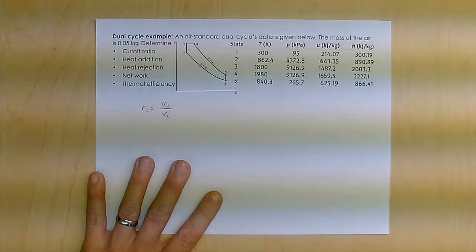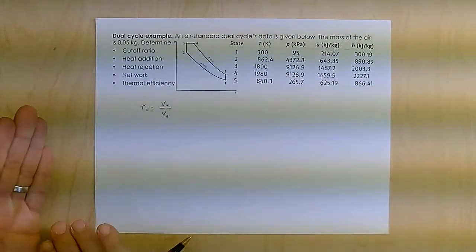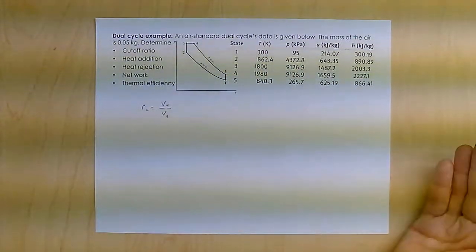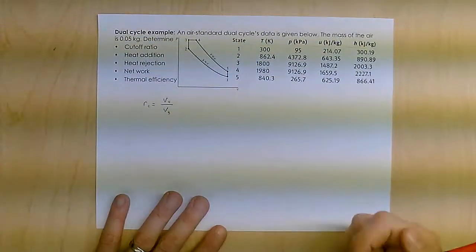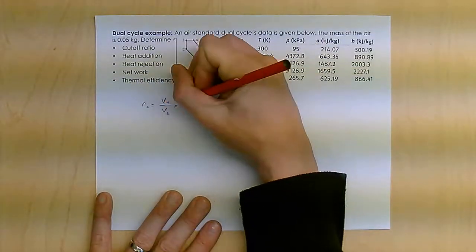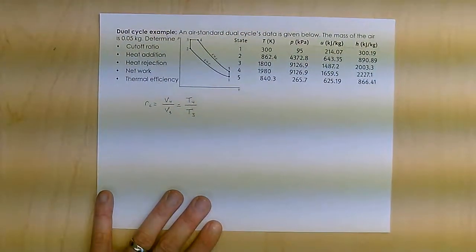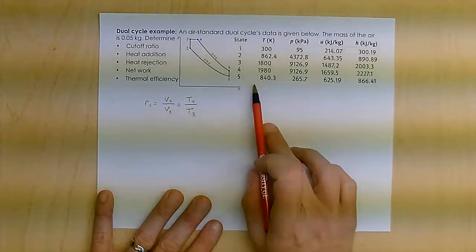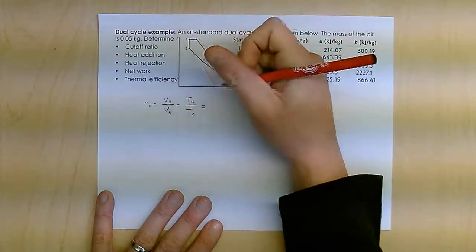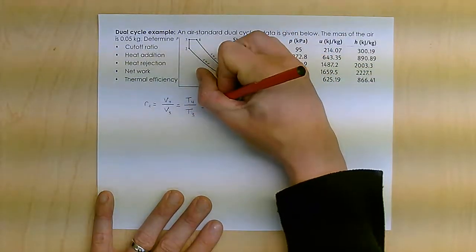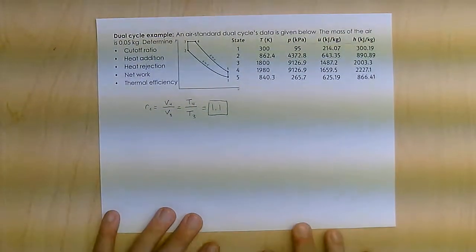So from the ideal gas model, PV equals RT, if P and R are constant, which they are, then V is directly proportional to T, meaning I can use T4 over T3 to get the same result. And again, I know T4, I know T3, therefore my cutoff ratio is 1.1. So again, once you set these states, life becomes very easy.